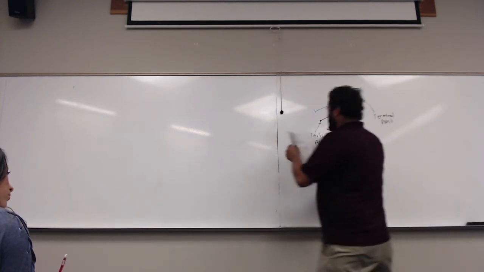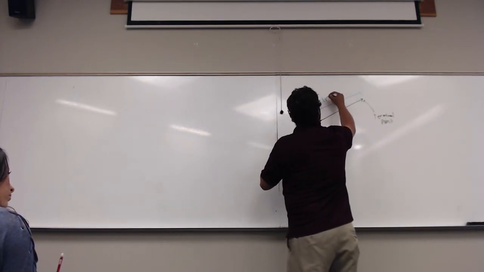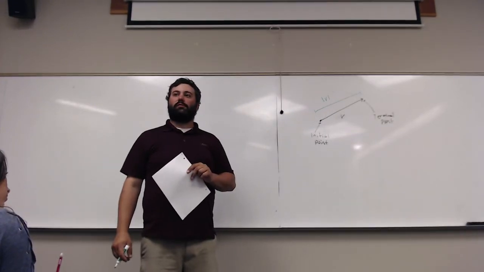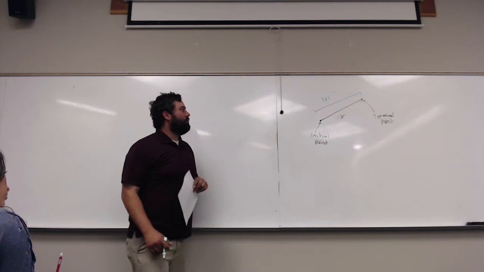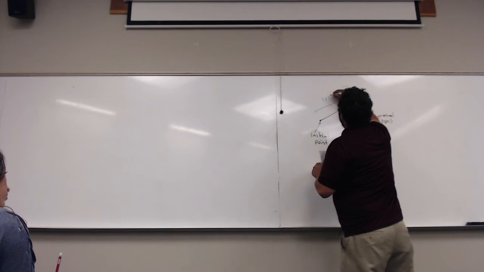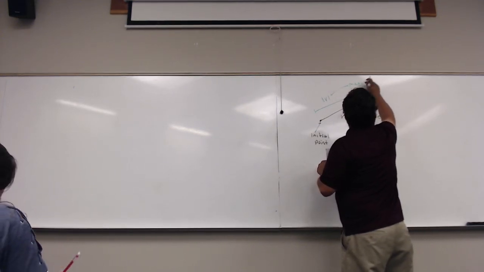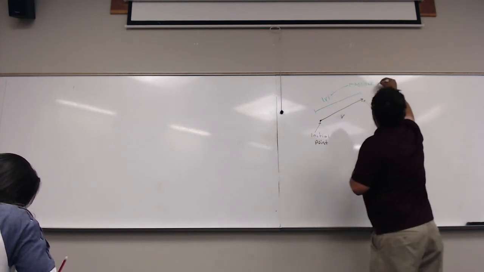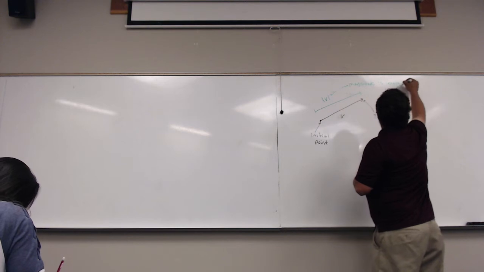You're going to see this later, but we denote the magnitude with notation that looks just like absolute value, but please don't say absolute value. Absolute value is only reserved for real numbers. And we'll talk about this notation later. The magnitude is the length of the vector.